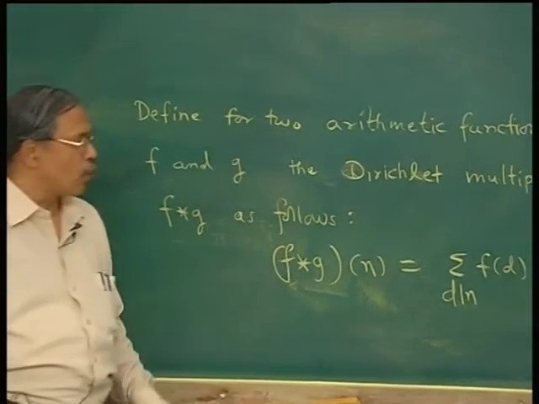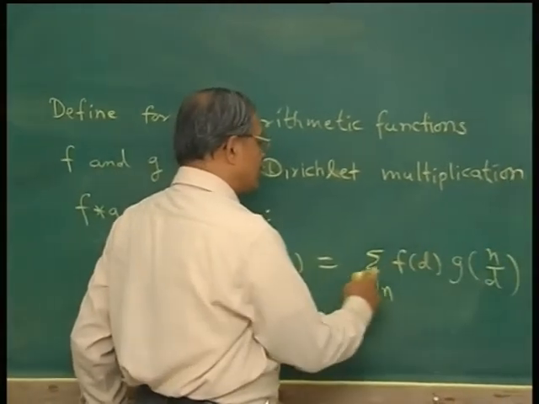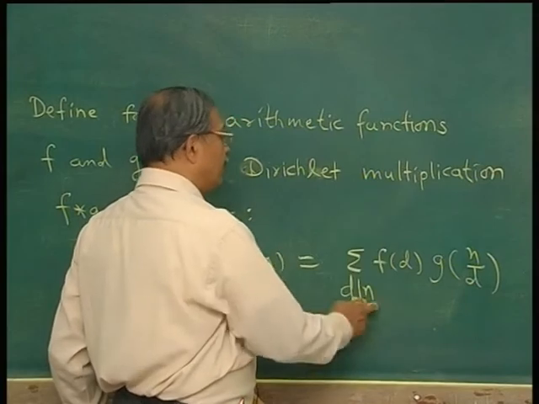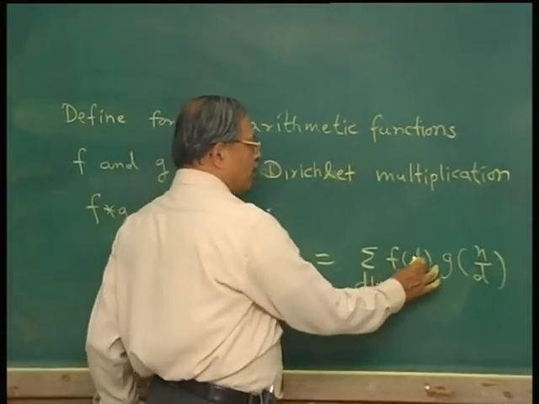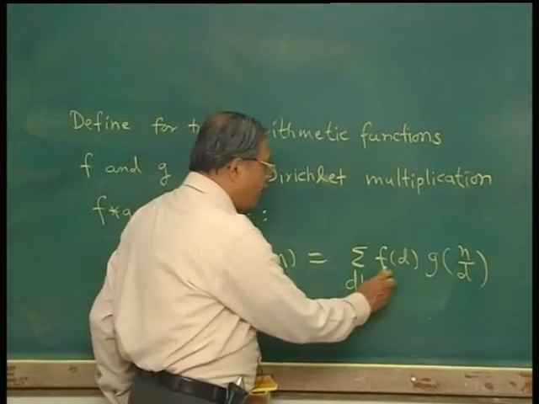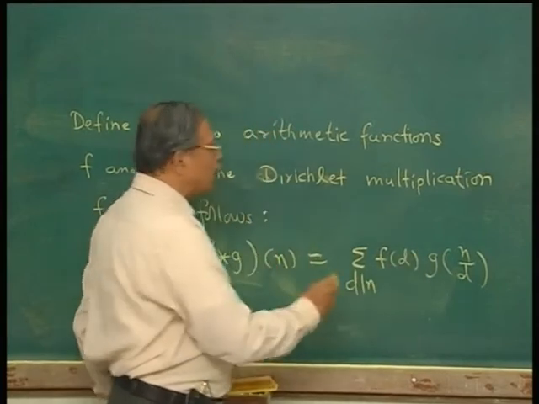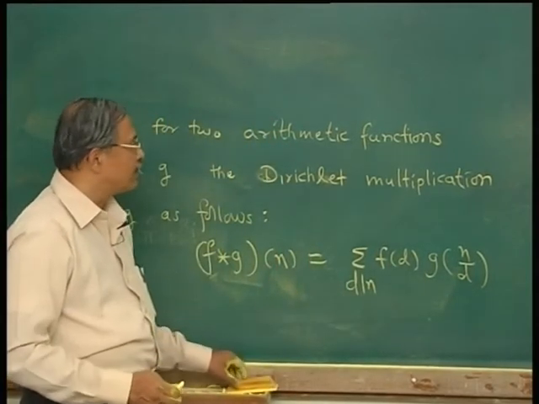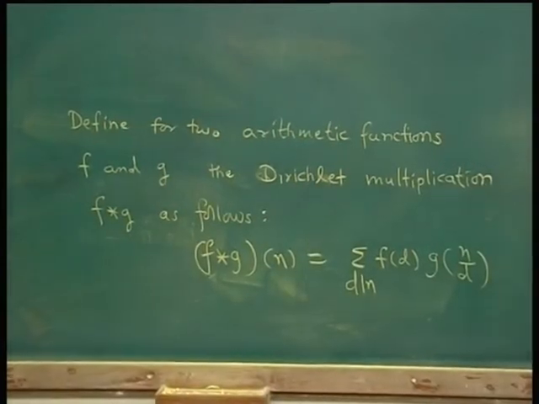You can write this in different ways also, like you can interchange d and n by d. So you can say summation f of n by d g of d, where d divides n. Or you can understand that the product of these two is n. So you can write it as f of d1 into g of d2, where d1 into d2 is equal to n. So these are different ways of writing the same thing. So observe that.